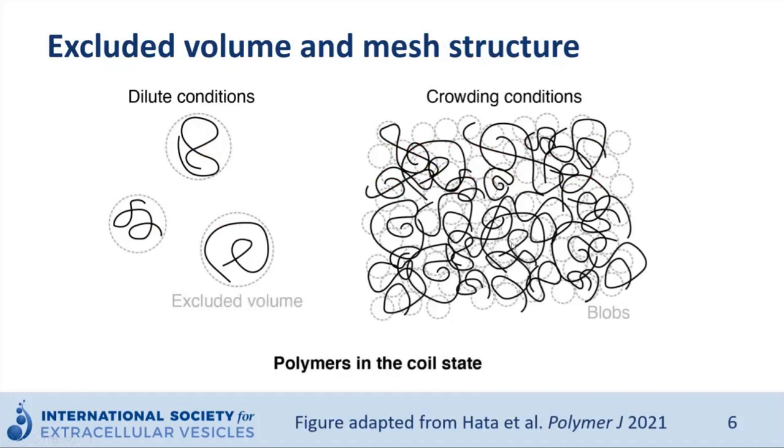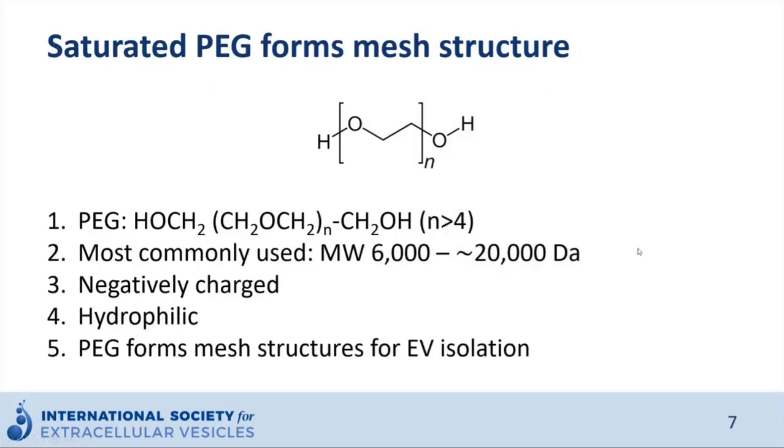When molecules become crowded, a mesh structure with many hollow spaces can be formed. Such a mesh can capture bigger particles such as EVs. So PEG is one of the most commonly used volume-excluding polymers for EV preparation.